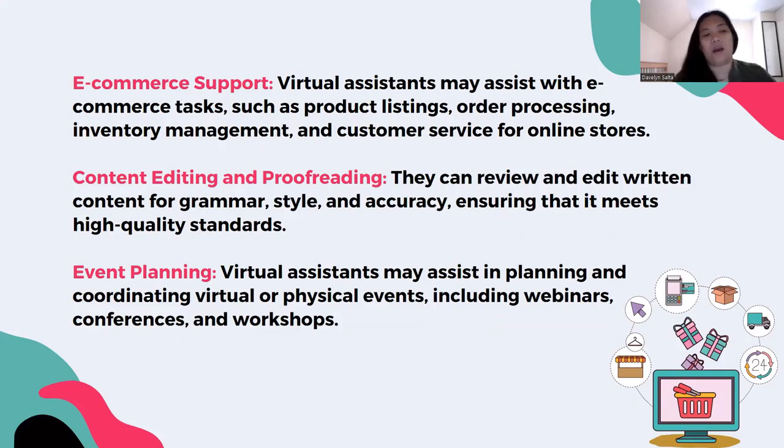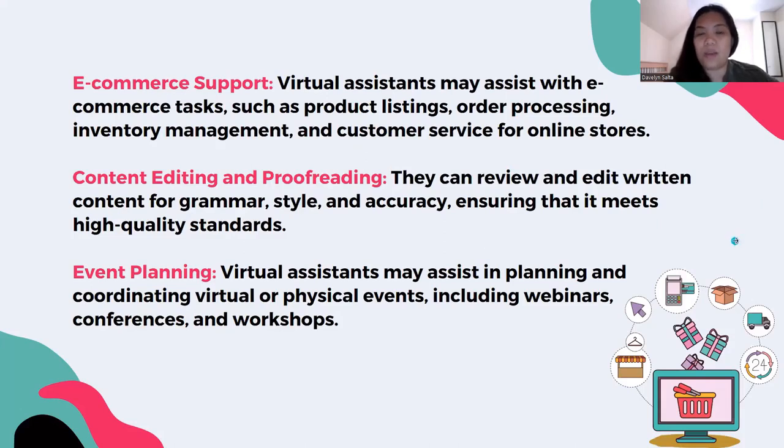You can also be a content editor and proofreader. You can review and edit written content for grammar, style, and accuracy, ensuring that it meets high quality standards. And also event planning. Virtual assistants may assist in planning and coordinating virtual or physical events, including webinars, conferences, and workshops.